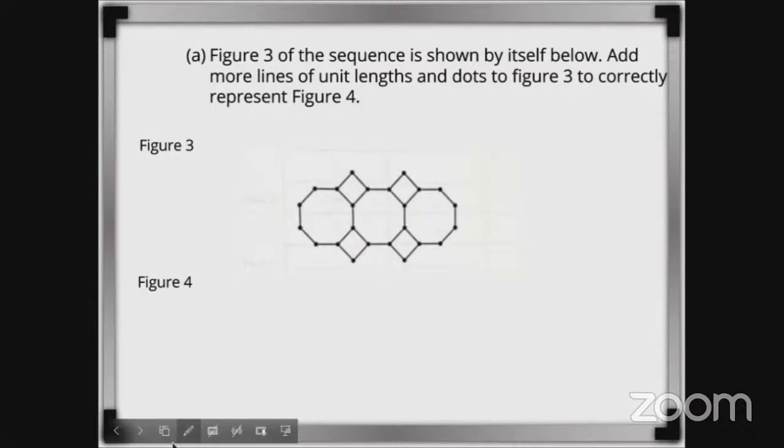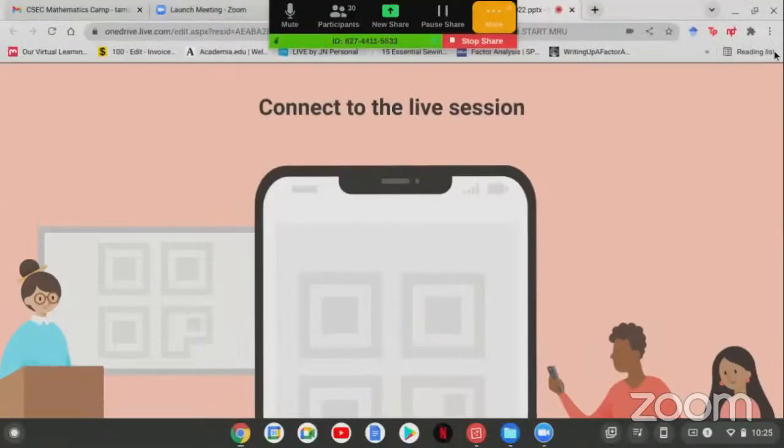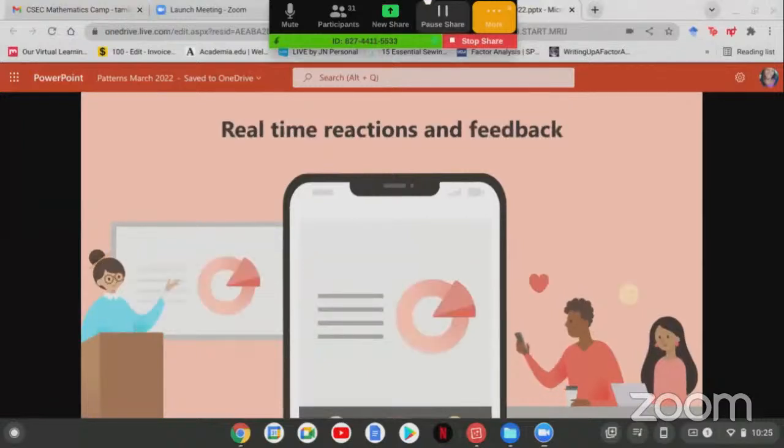I'm trying to find a pointer and I'm not finding one. All right, that is different. Let's look at this pen. I do apologize, guys. Let me just close this out and get you back there.